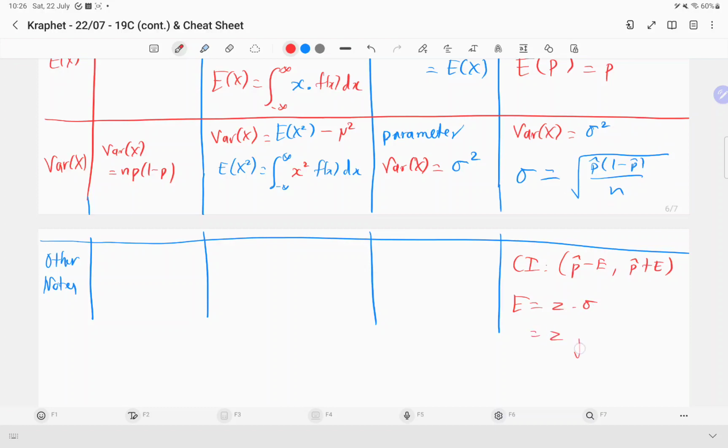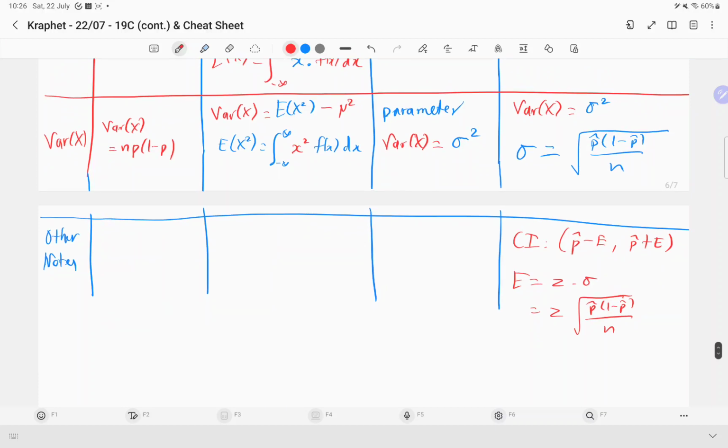So that'll be z times the square root of p hat times 1 minus p hat over n. Normally it's p times 1 minus p over n. Normally it's p, but when we do the sample, we don't know about the population. So we have to use the sample p hat value rather than the actual population proportion, because we don't know that. So that's why it's p hat times 1 minus p hat over n. It's estimated. Does it make sense?